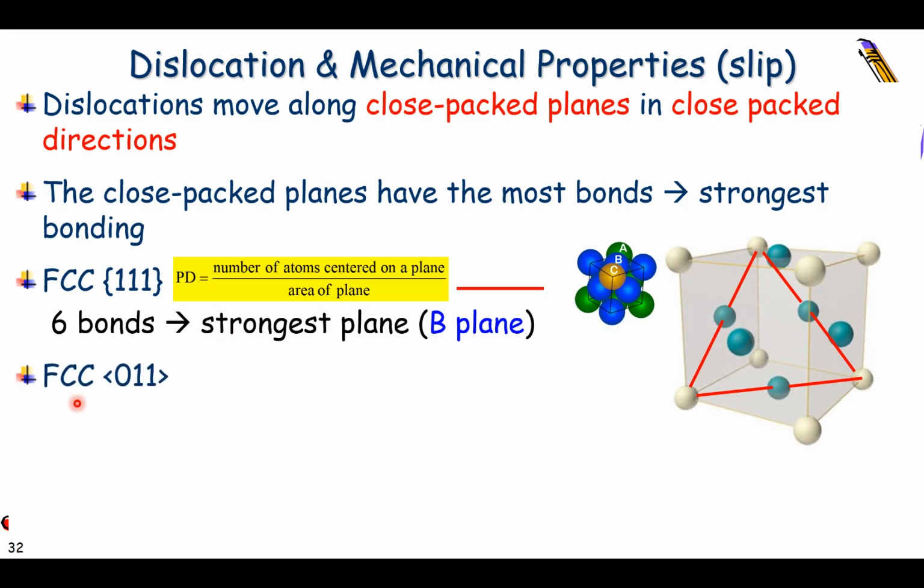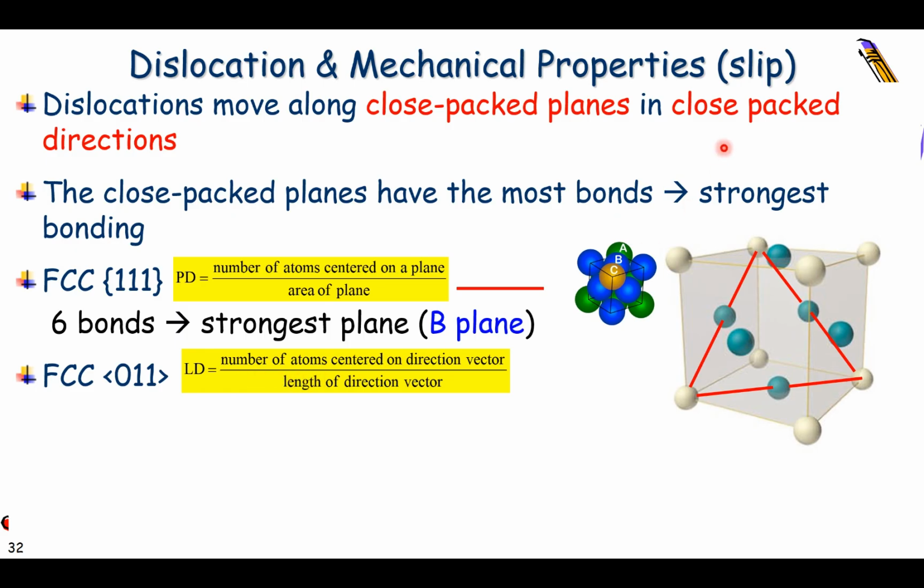And then if we have this plane and you need to move, which direction do you move? This plane needs to move in one of these directions. You will move in the easiest direction, which is the close-packed direction. So that's why we need to think of the linear density.